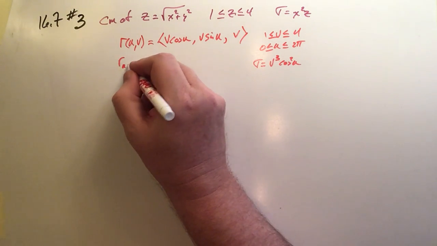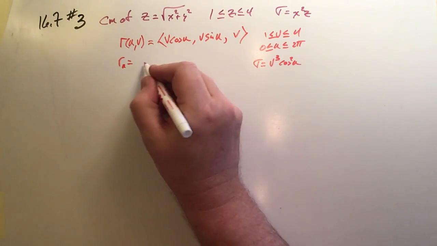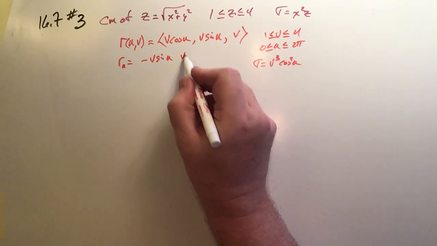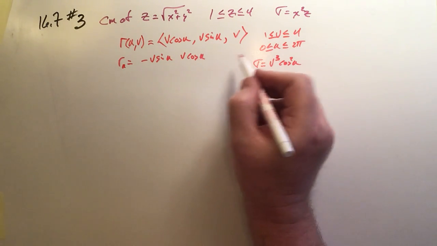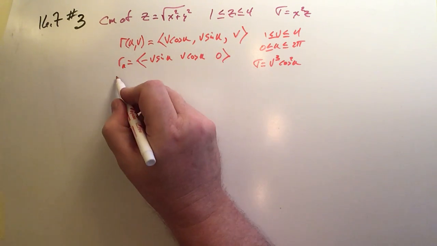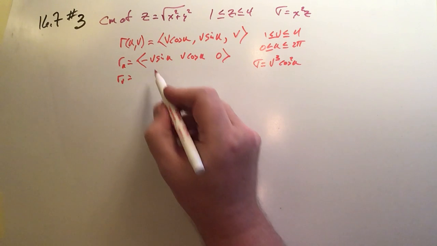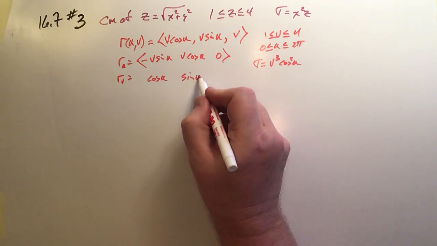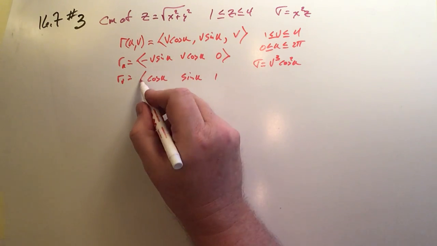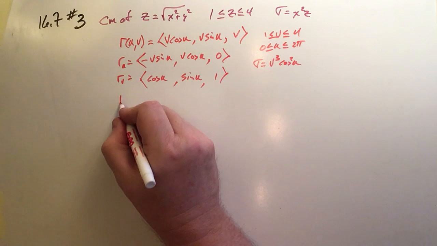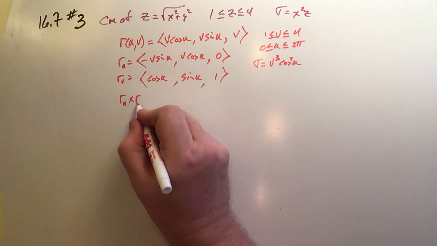So r sub u is equal to negative v sine of u, v cosine of u, and 0. And then r sub v is going to be cosine u, sine u, and 1. And now for our cross product, ru cross rv.